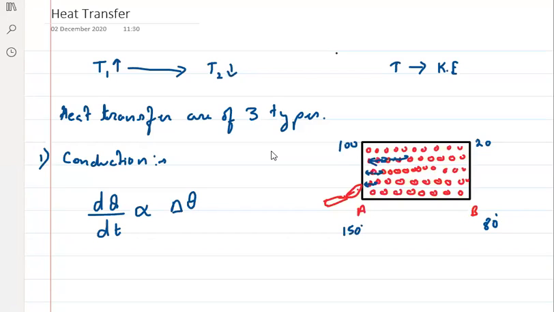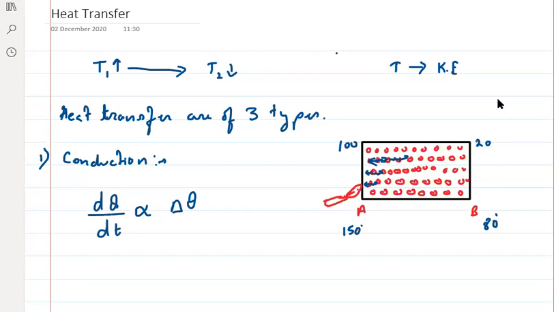Now second thing, suppose you are heating this surface, this point A, then all the molecules near A will be having high energy, yes or no? So if the area of cross section is more, what do you think?